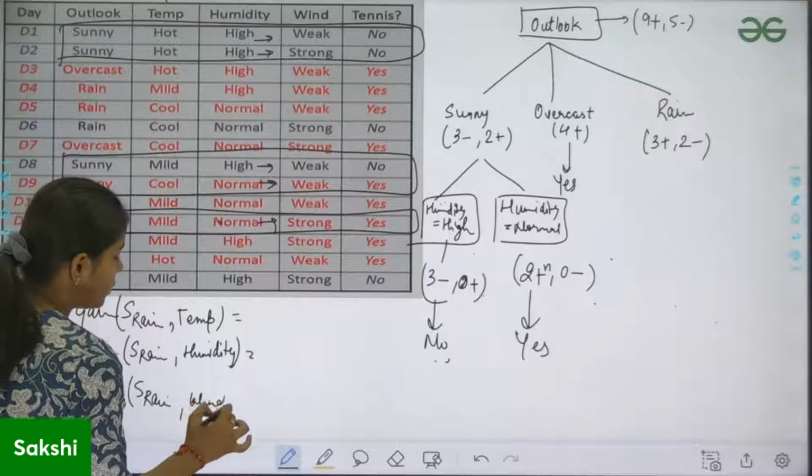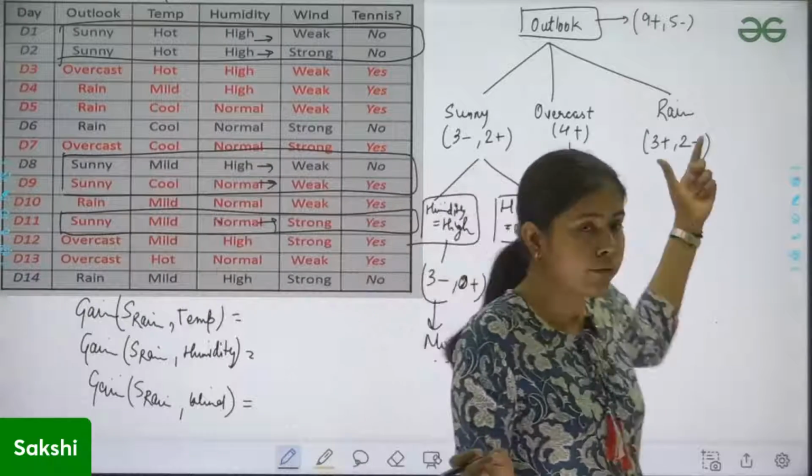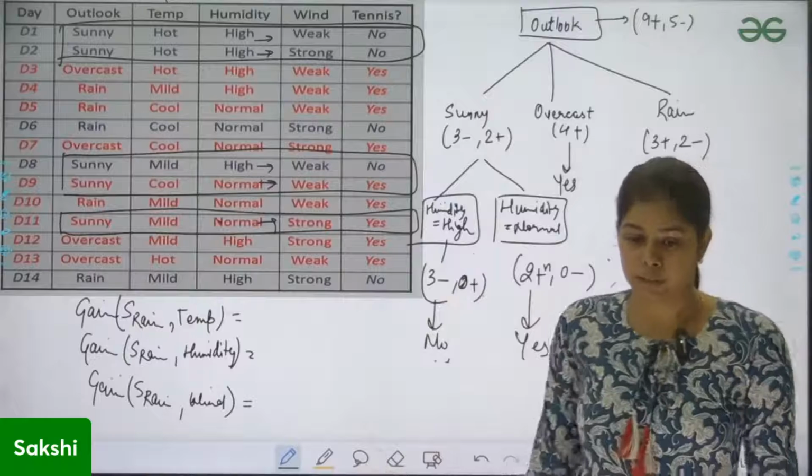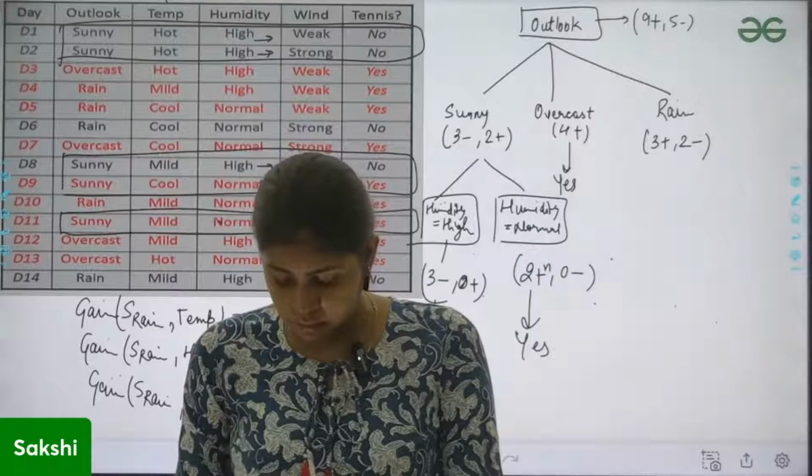You have to find out these three values to get to know with which feature you have to split at this rain point.